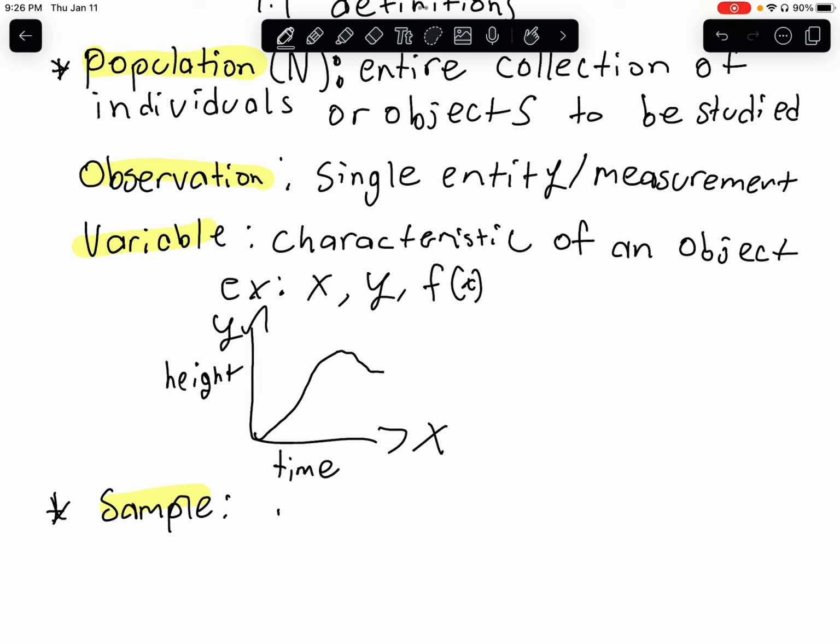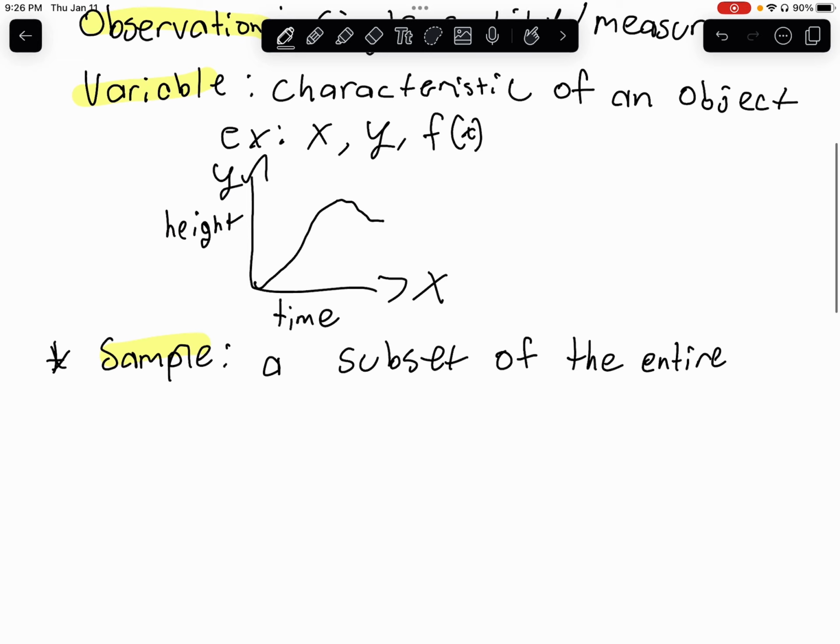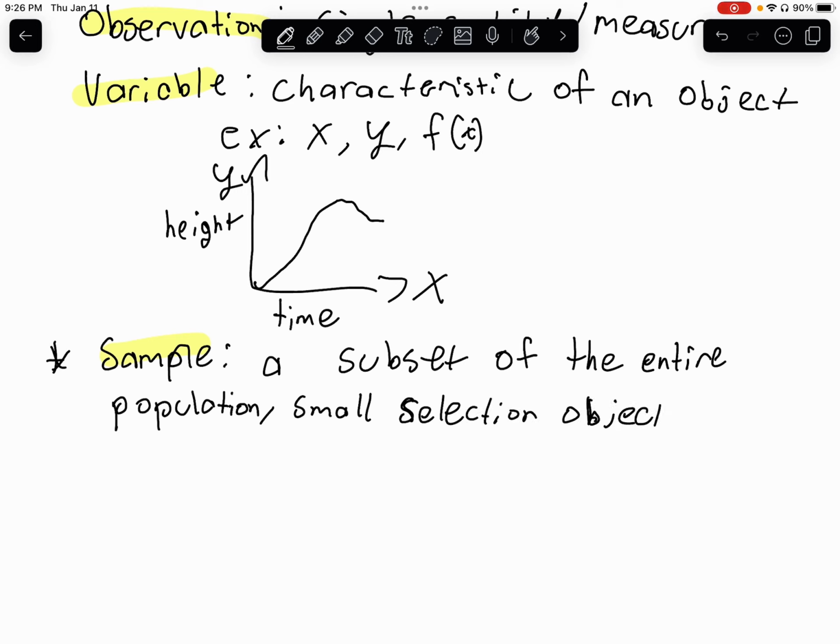A sample is a subset of the entire population, or a small selection of objects or individuals taken from either the whole or some of the population.